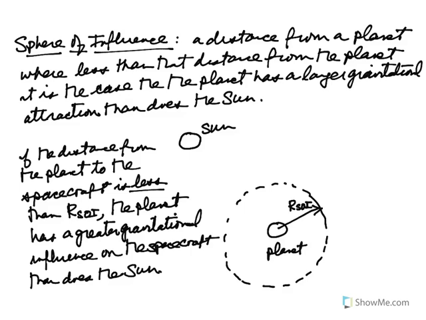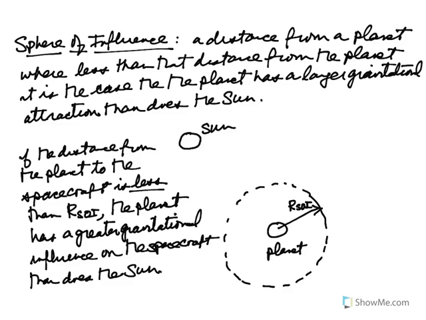On the other hand, if the distance from the planet to the spacecraft is greater than the radius of the sphere of influence, then the sun has a greater influence. So that's the contrary statement: if r is greater than R SOI, the sun has the greater gravitational influence. But we always deal with sphere of influence in terms of a less-than construct, because we want to know the boundary where the planet no longer has the greater gravitational influence.